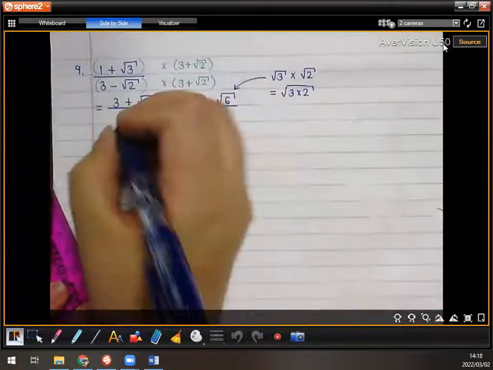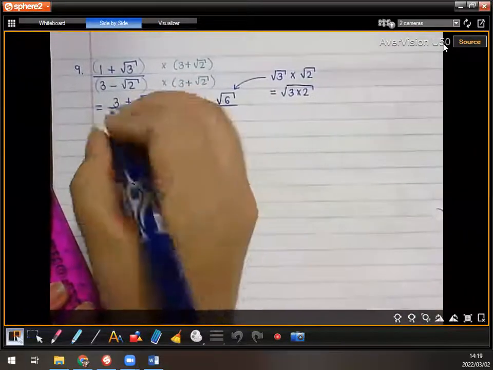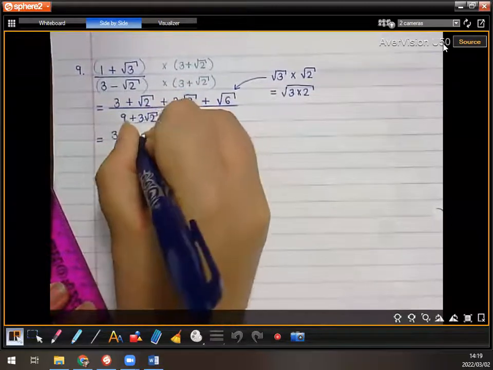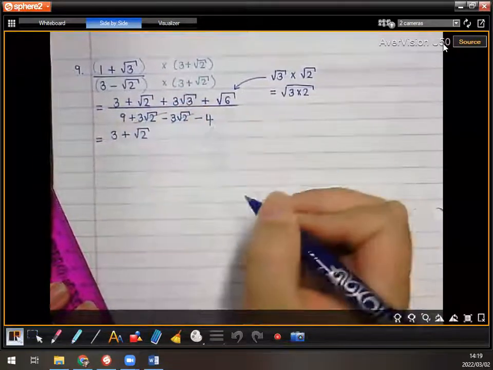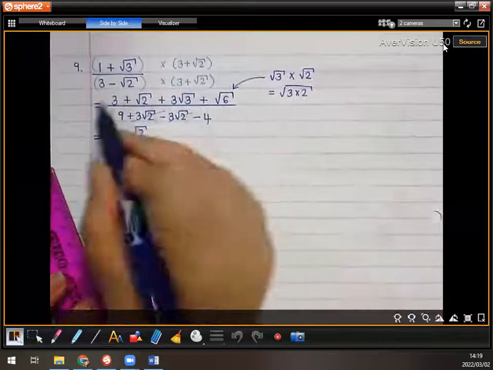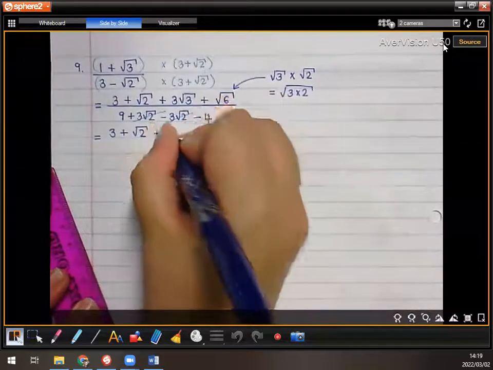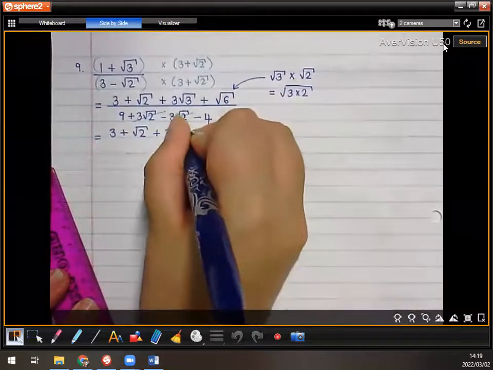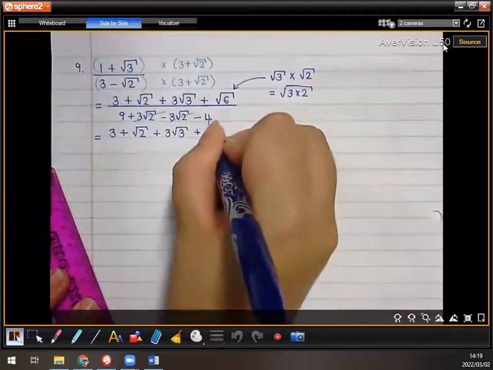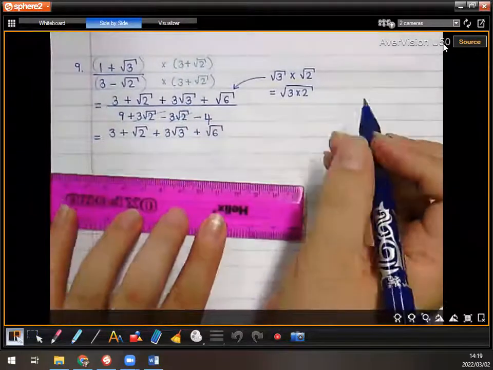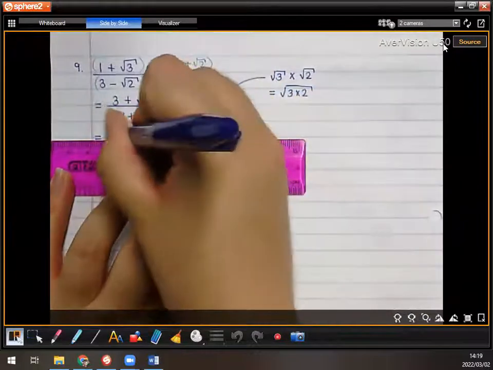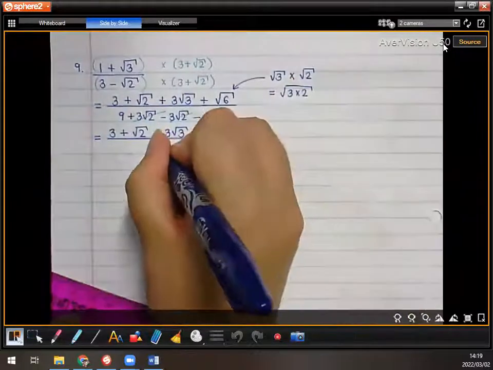What's 9 minus 4? 5. And at the top, I have no like terms. It's a bit annoying. None of these I can actually add together, so I need to write all 4 terms. But that's okay, it's a possible answer. But that is then all over 5.